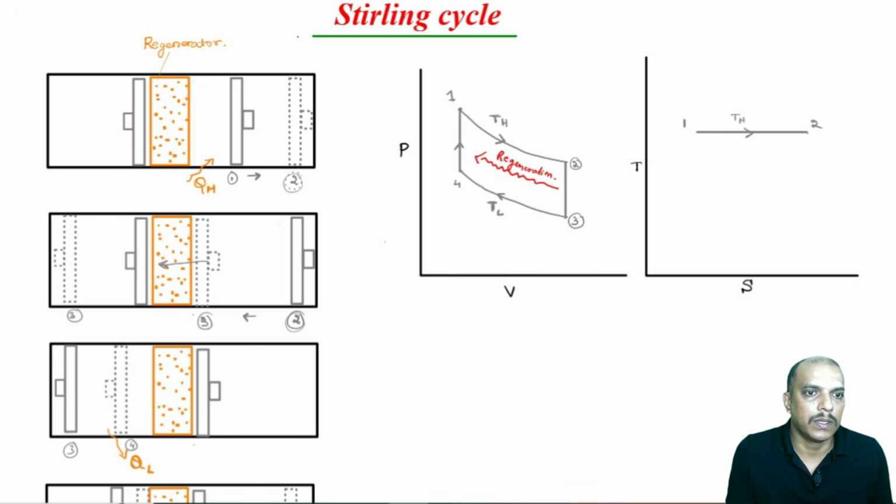Now, constant volume is represented this way, 2 to 3, in a TS plot. Now, similarly 3 to 4 again constant temperature at lower temperature. So, 3 to 4 is again going to be a horizontal line. Then again 4 to 1 constant volume. Now, these two are constant volume. Now, this again is constant temperature, this is lower temperature, TL is equal to constant.